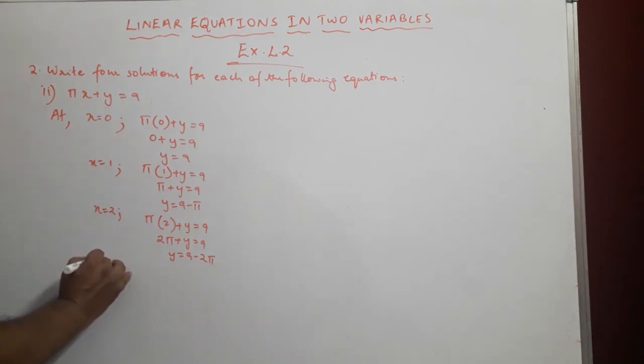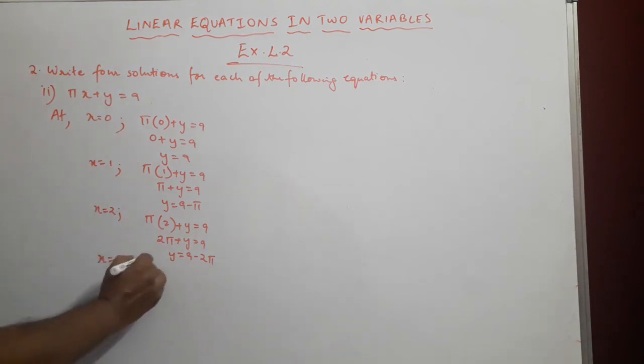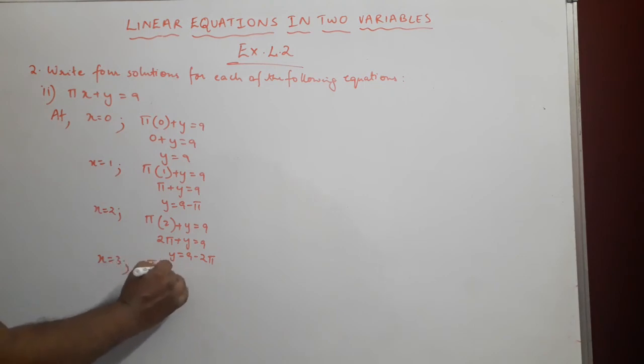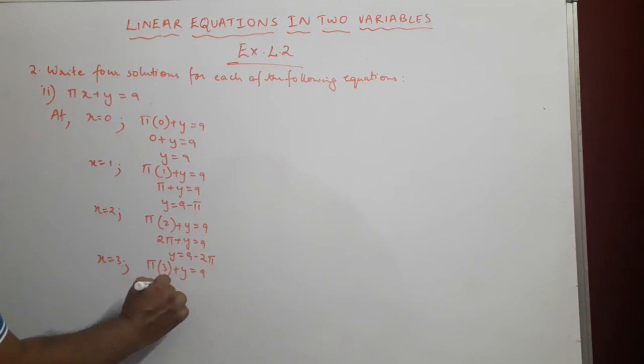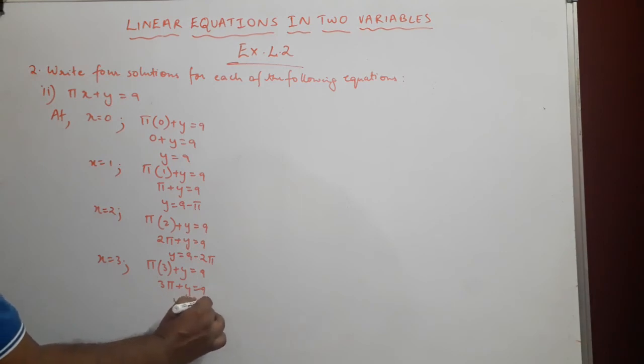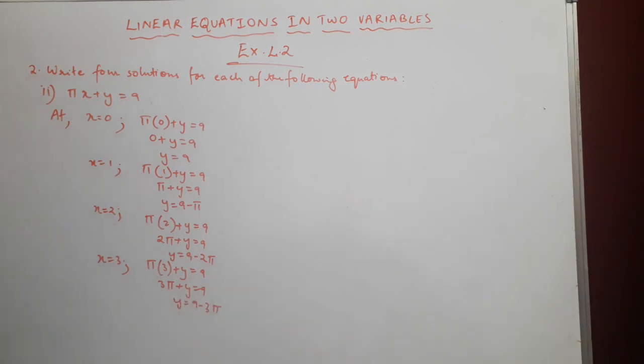And lastly we'll take x equal to 3. So pi into 3 plus y equal to 9. We get here 3 pi plus y equal to 9. I'll take 3 pi on the other side, it will become negative, and we get 9 minus 3 pi. So these are the 4 solutions for the given linear equation pi x plus y equal to 9.